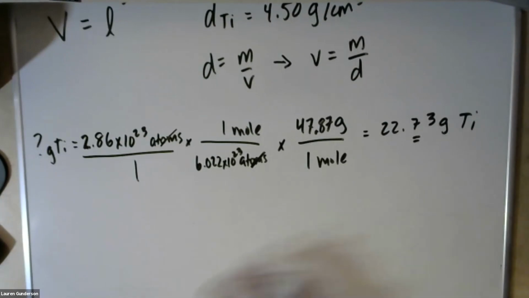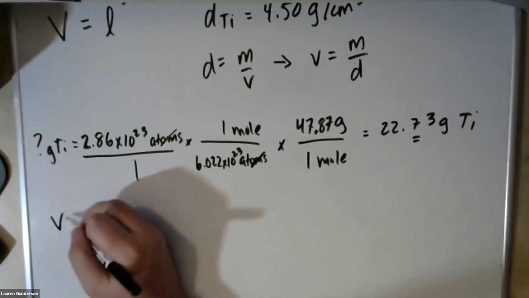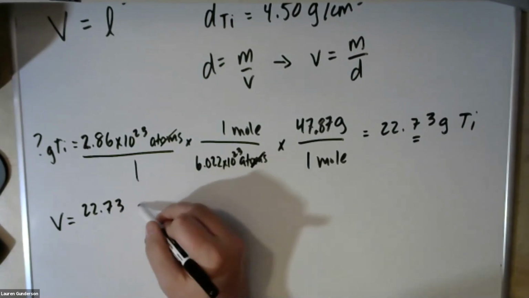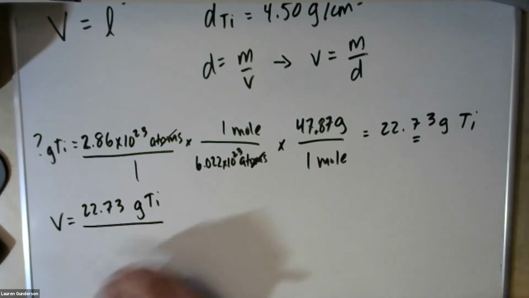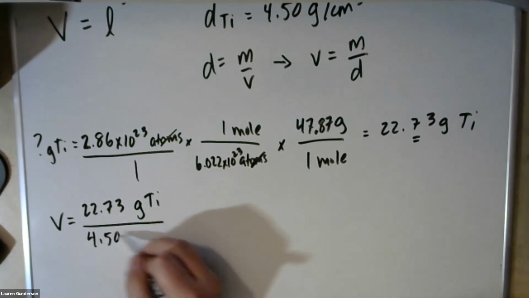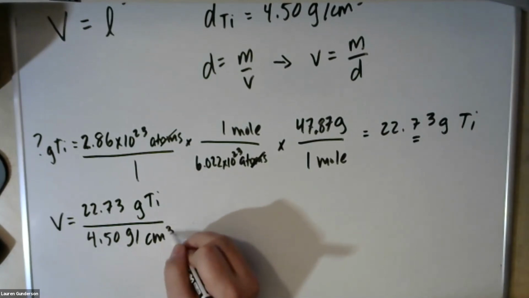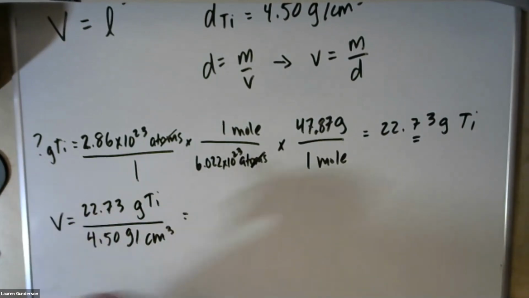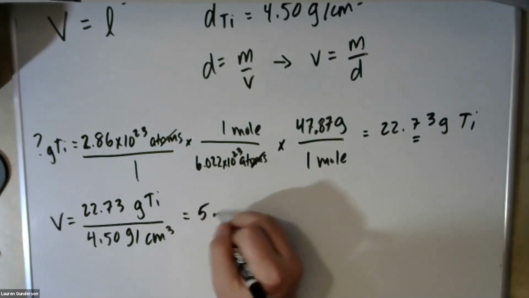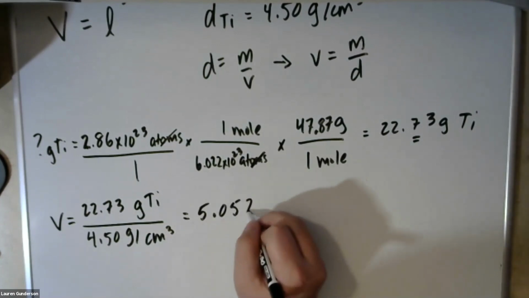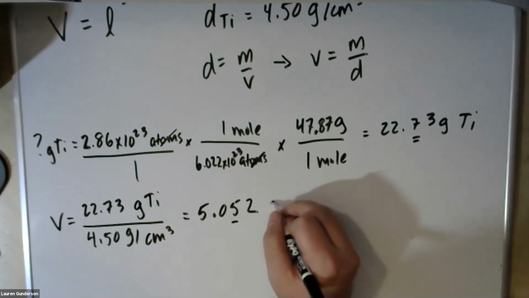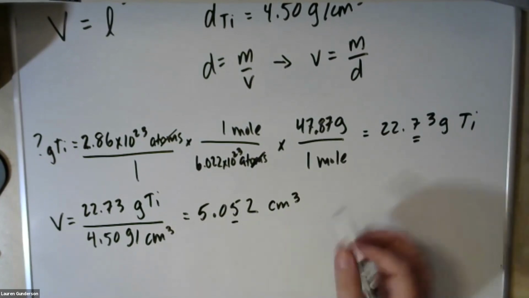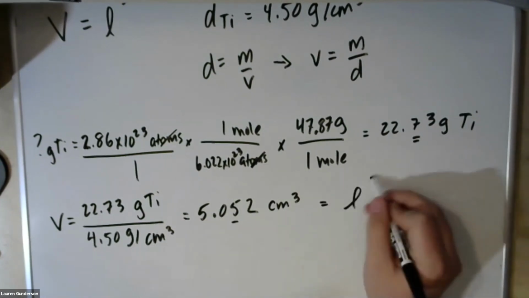Now that we have that mass value, we can find the volume of the cube by taking the mass value and dividing it by the density. Okay, now that we have the volume, we know that that's going to be equal to the edge length cubed.